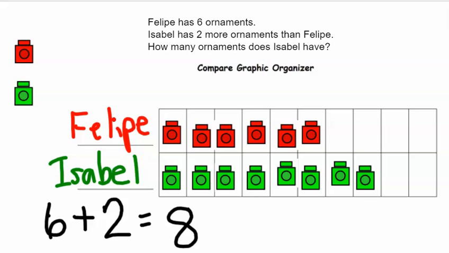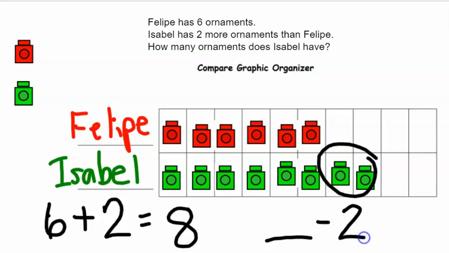Another way to think about it, we did not know how many Isabel had, but if we took away the 2 more that she had than Felipe, and she's left with the 6 that Felipe had.